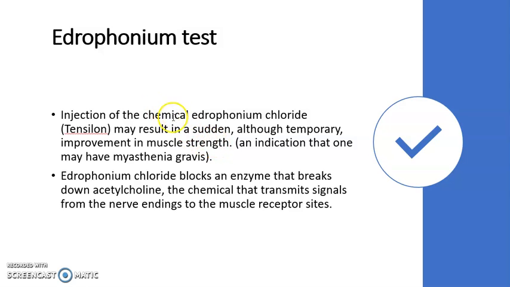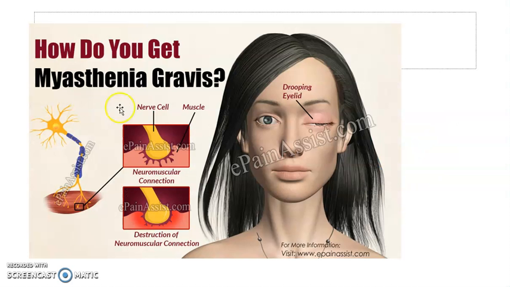So if you give this drug edrophonium to a patient who has myasthenia gravis, because we know that in myasthenia gravis you have your own antibody acting on the neuromuscular junction. You have the destruction of the neuromuscular connection, and if this is attacked, you will have problems with contraction, and these patients will manifest with a few things such as drooping eyelid and also muscle weakness.